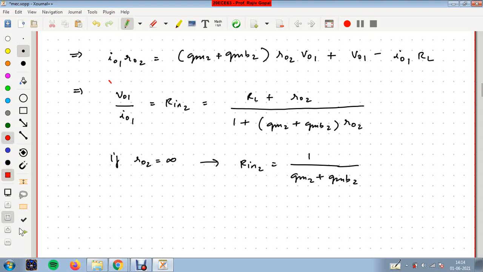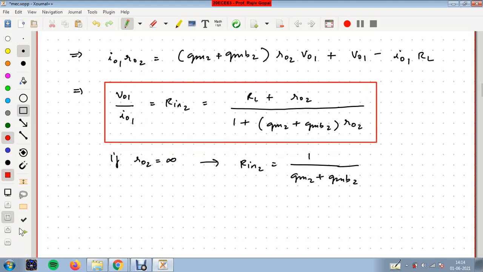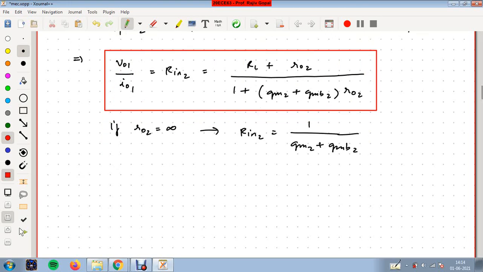This is Rin, but there is a small caveat here. Say RL is open circuited, meaning RL is infinite. This will also make Rin infinite. So the larger the load resistance RL, the larger the Rin value.